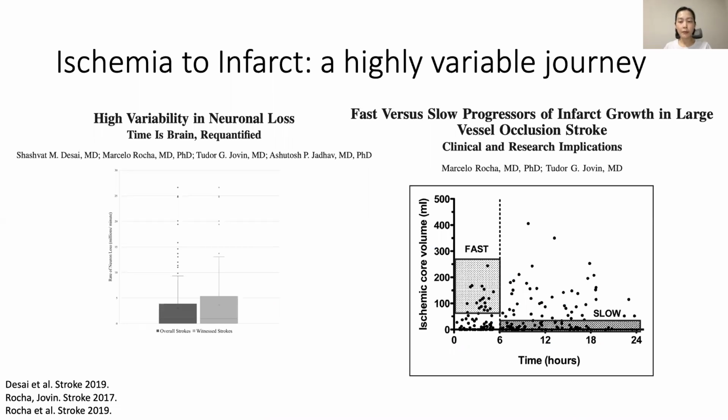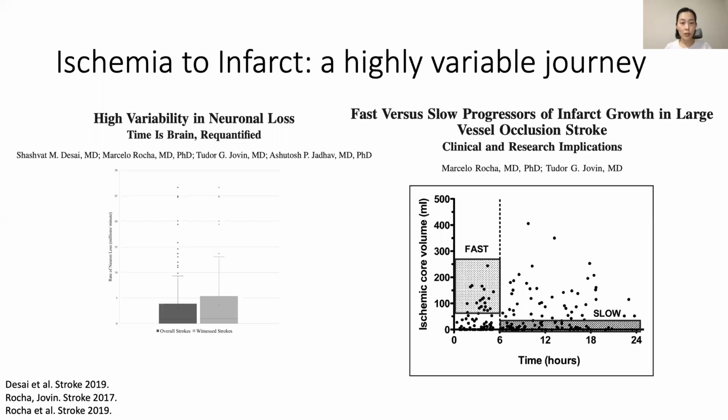And the extended stroke code, or the extended time window for treatment, came into play because of this realization that not all brains respond to ischemia in the same way. So we found that different brains infarct at a different rate, and that range was highly variable.